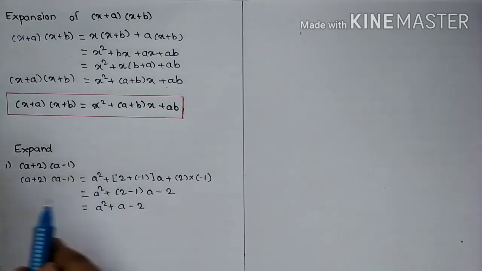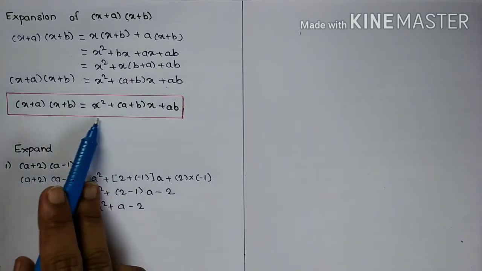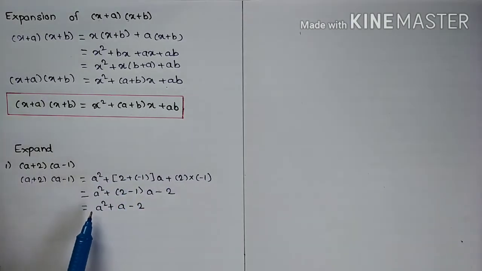This is expansion of (a + 2)(a - 1). By using this formula, we can easily calculate this.